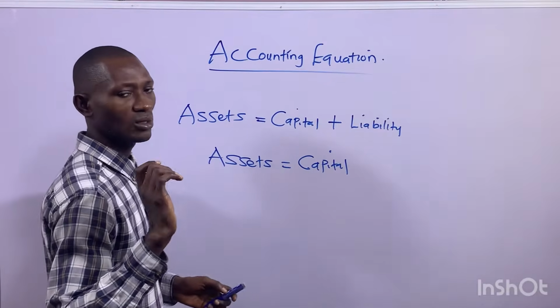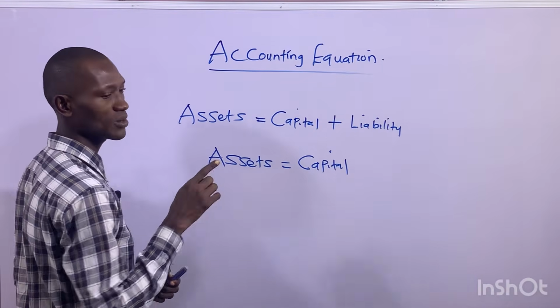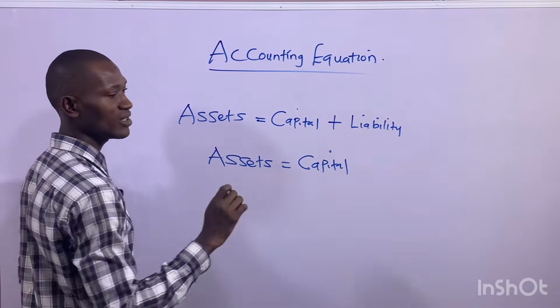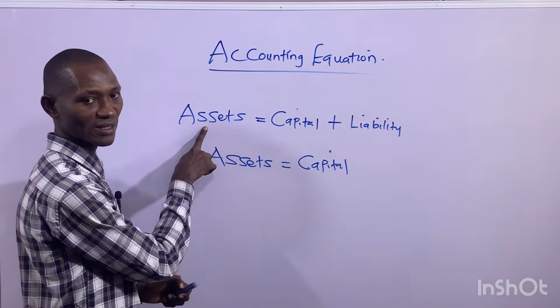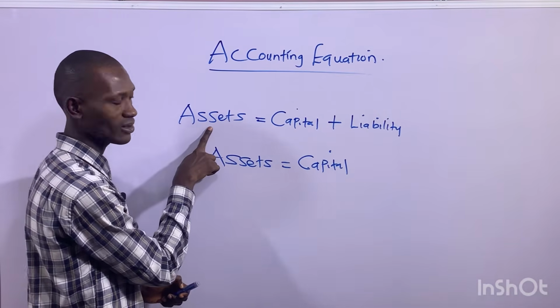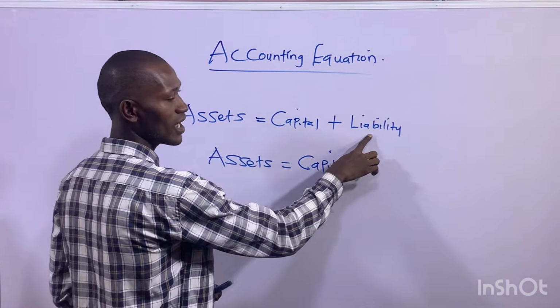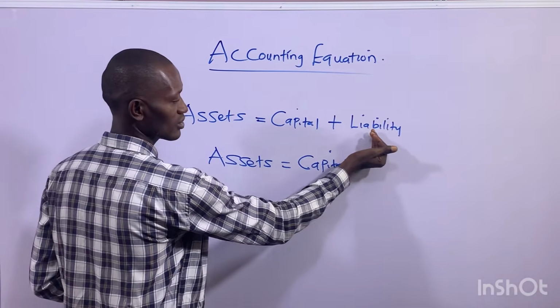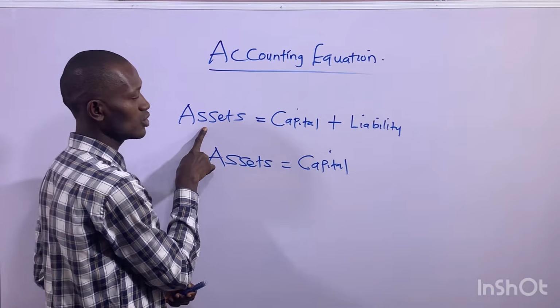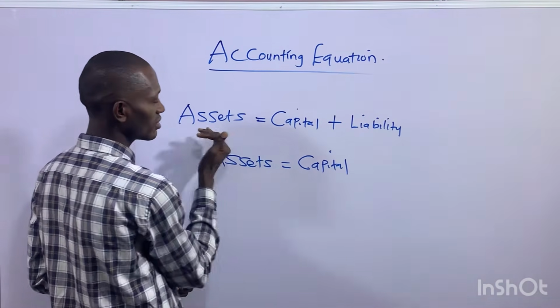One thing also you have to know with respect to the accounting equation is that capital is usually a component of these assets. That means the owner of the business owns a portion of these assets. And also those outsiders, those creditors, they also own part of these assets. So this added to this gives you this.